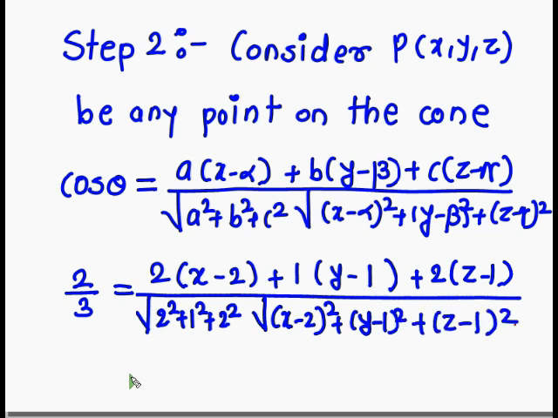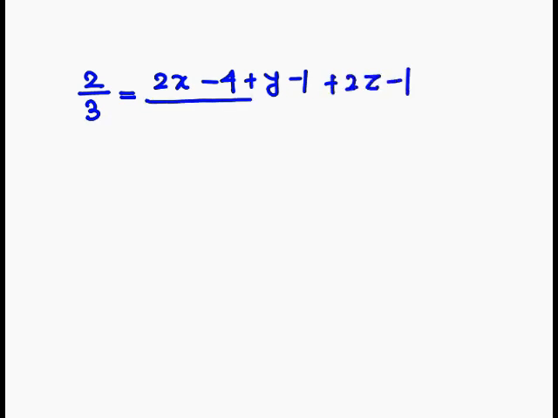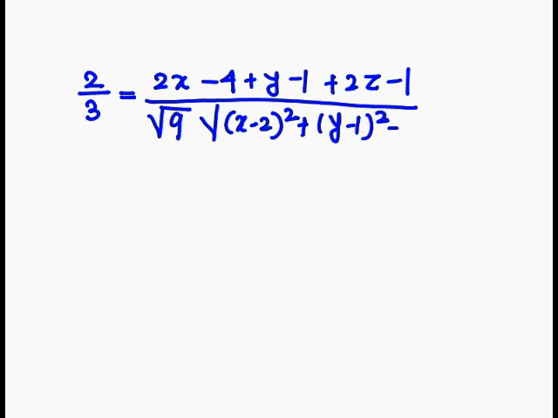So by simplifying this, we get 2x upon 3 is equal to 2x minus 4 plus y minus 1 plus 2z minus 1, divided by square root of 9 into square root of x minus 2 square plus y minus 1 square plus z minus 1 square.